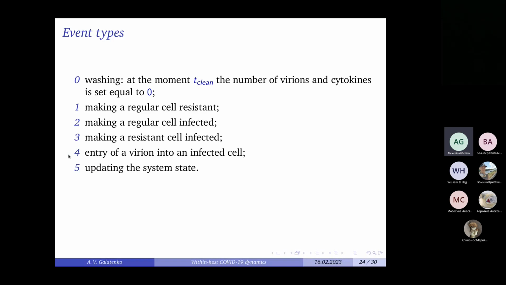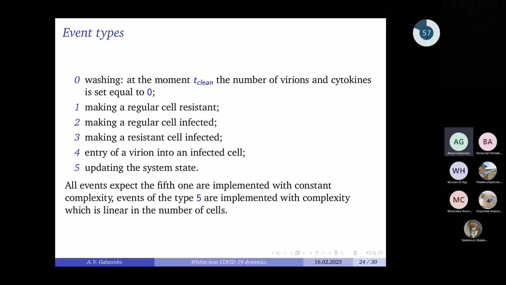And the 5th type is updating the system state. Like, we compute the number of virus particles emitted by cells, compute the number of cytokines emitted by cells, and so on. All events except the 5th one can be implemented with a constant complexity.